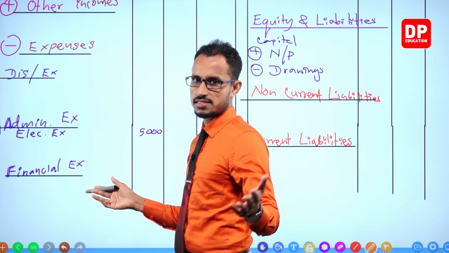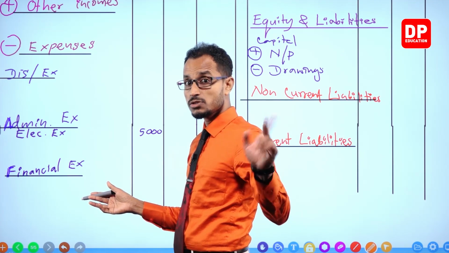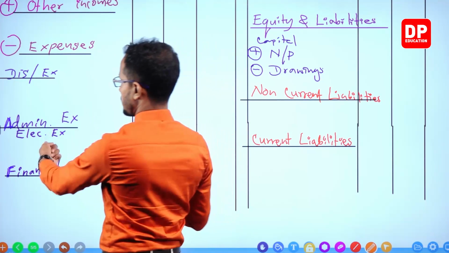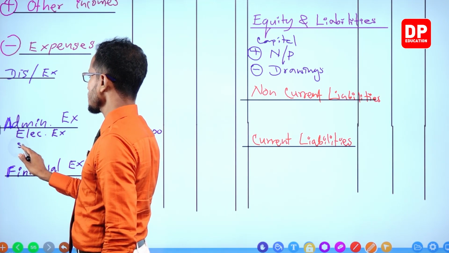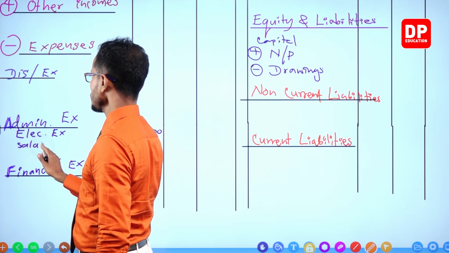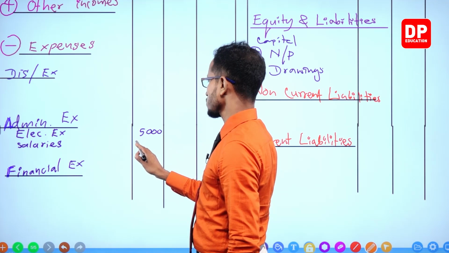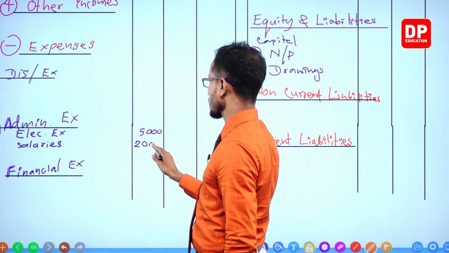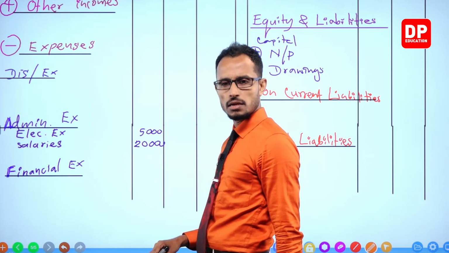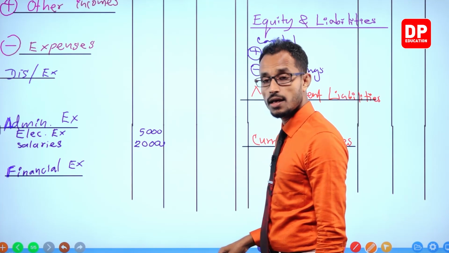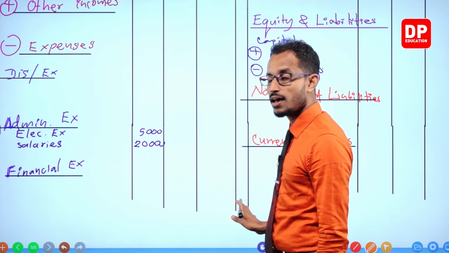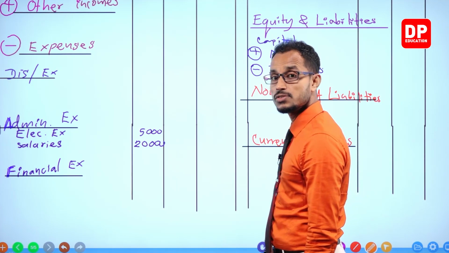Salaries, the next one was salaries. Salaries also should go to admin. Employee salaries, that was 20,000, right? Yeah, as I can remember, salaries was 20,000.